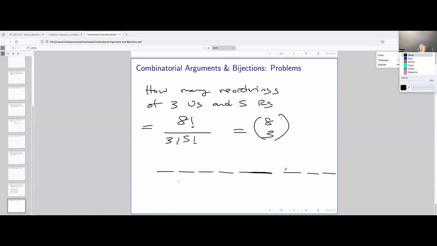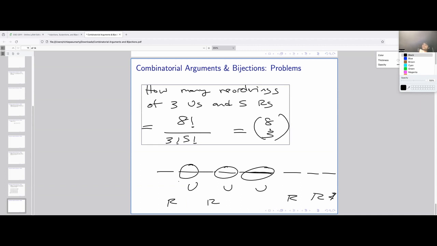Of these positions, I have to choose 3 of them to be ups. So maybe I choose this one and this one and this one. These are going to be ups, and the rest of them have to be R's. So from these 8, I'm basically just choosing 3. So you can see the number of reorderings is 8 choose 3.